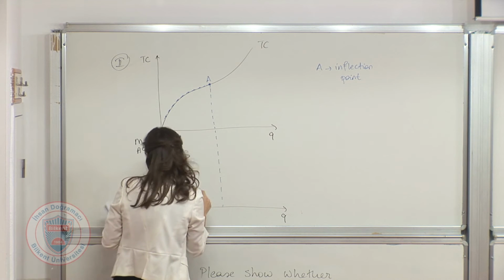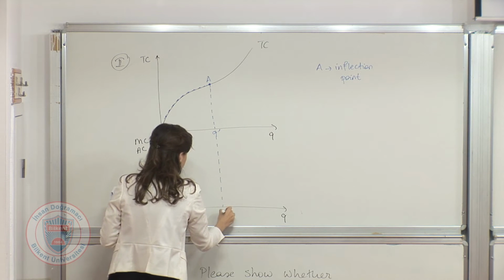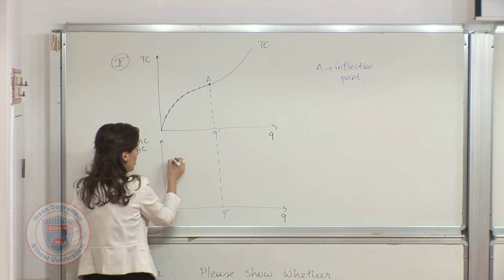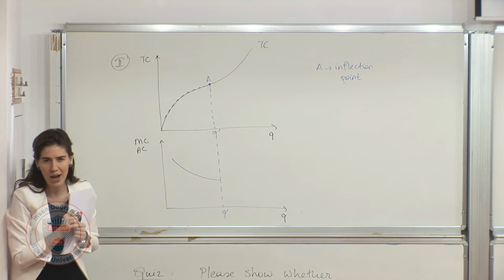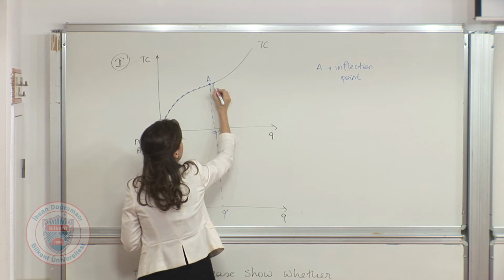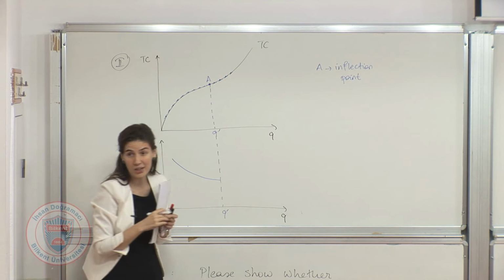Now, so this is the case. Let's call it, if you want, Q prime, okay? Now, then you would say that, hocam, marginal cost is going to be decreasing until the inflection point, right? And then what's happening to the slopes after the inflection point? They are increasing, right?